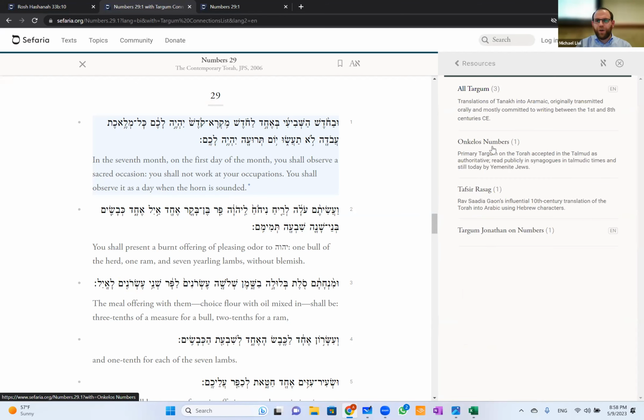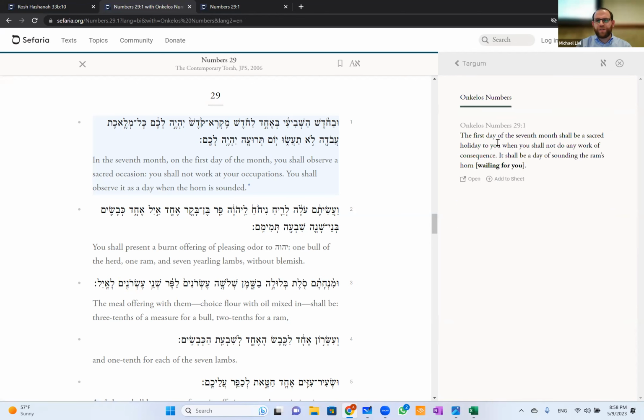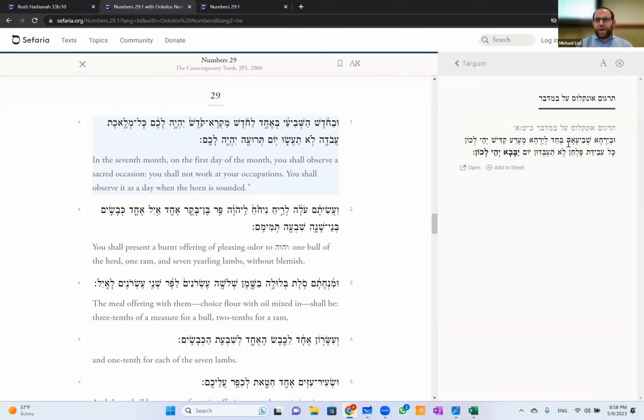So click on targum, Onkelos, Numbers. Here we go. I want to see it in Hebrew though. Uviarcha shevi'ah, bechad li'archa, on the 7th of the month. Here we go. La tabedu, yom yababa yeheh lechon.